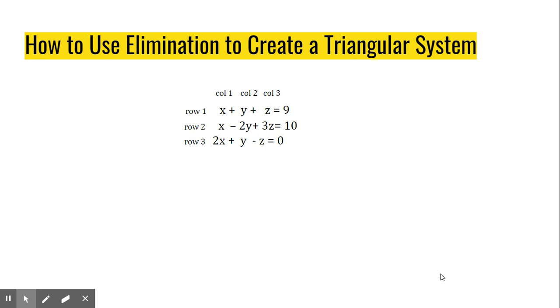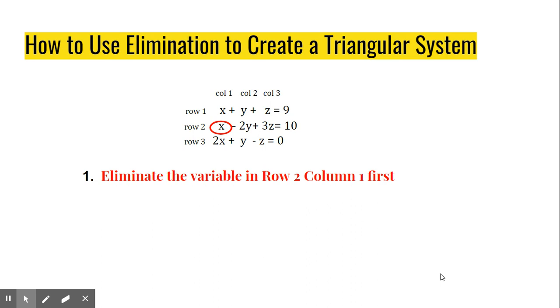Now let's see how this works. It would be good if you wrote down all of these examples. No need to copy down the row labels and the column labels, but do write down the system of equations. We will begin by eliminating the variable in row 2, column 1. We do that first.